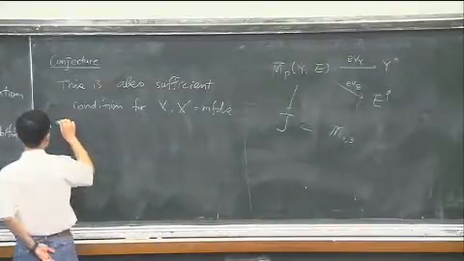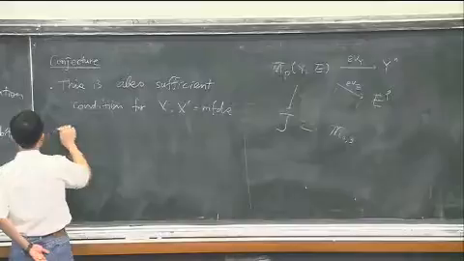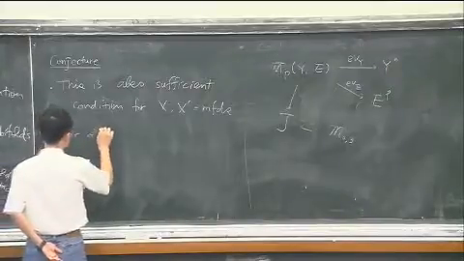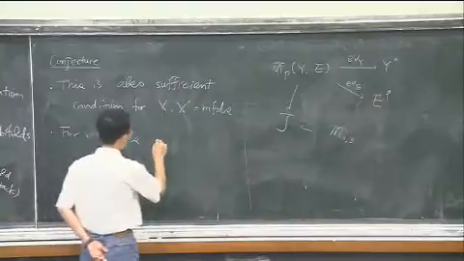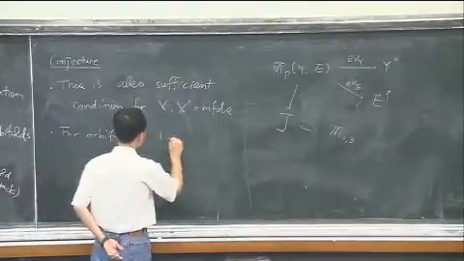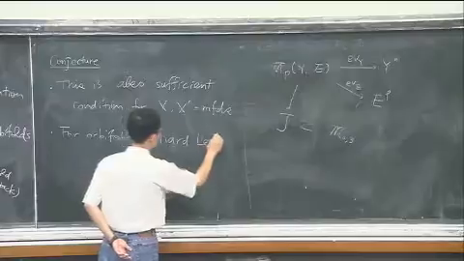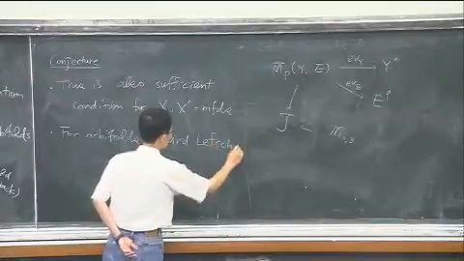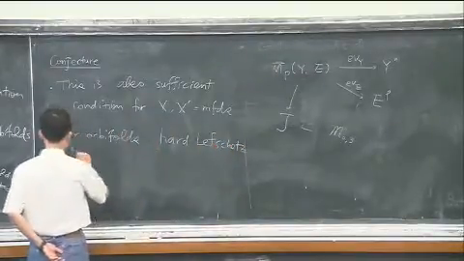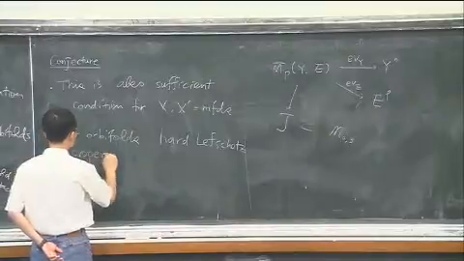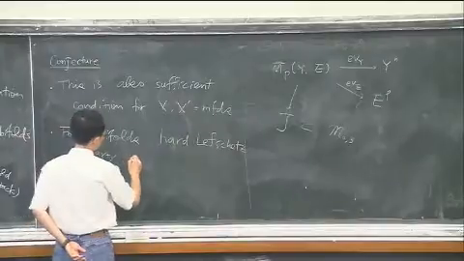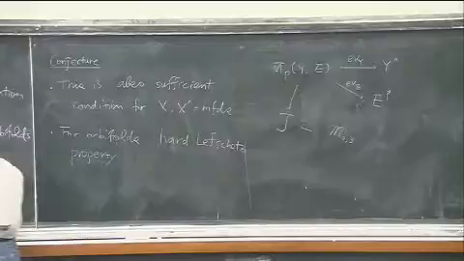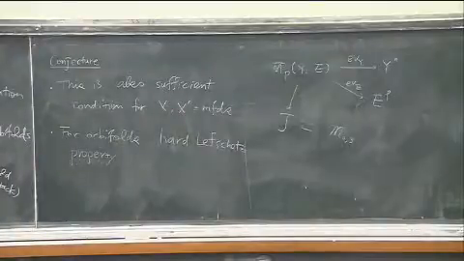And for orbifolds, there's something called the Hard Lefschetz property. Some sort of Hard Lefschetz property will influence how functorial this can be.